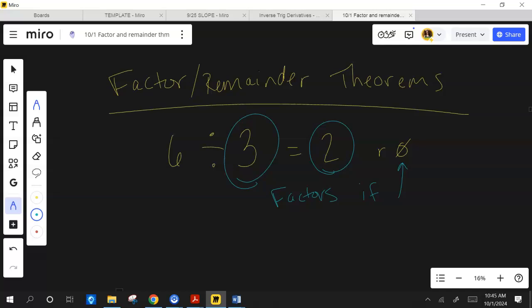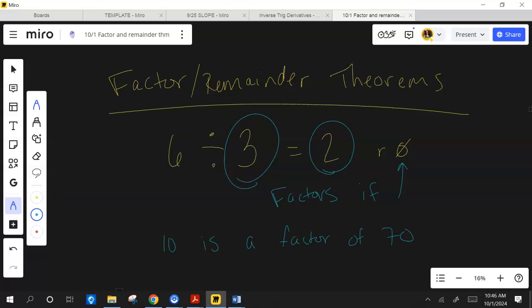Do you agree then, if I tell you that something is a factor, like let's say I said 10 is a factor of 70. True or false? True. How do you know? 70 divided by 10 goes in evenly with no remainder, right? Could you easily find the other factor? What's the other factor? 7.